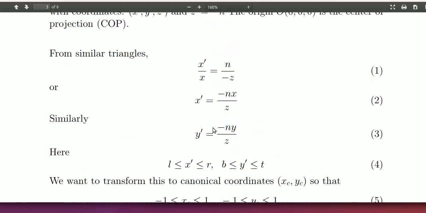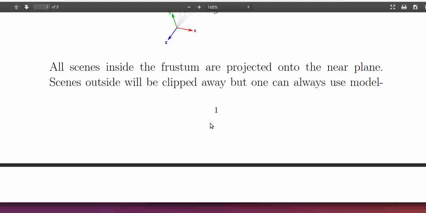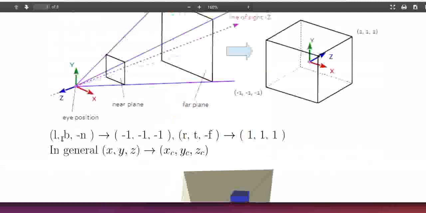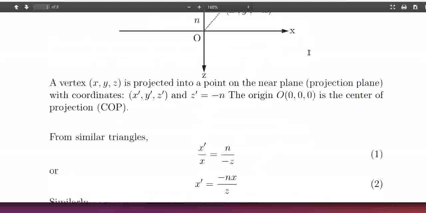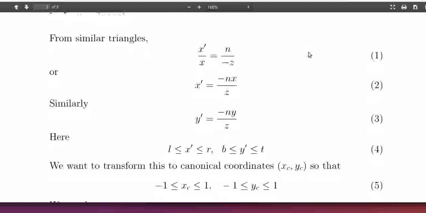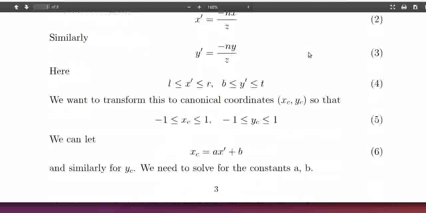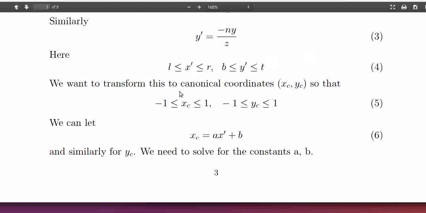Now we discussed that L, B, negative n will be mapped to negative 1, negative 1, negative 1, and R, T, negative F will be mapped to 1, 1, 1. By using these conditions, we can solve for x dash, y dash. We want to transform this to canonical coordinates xc, yc, so that xc is within negative 1 and 1, and yc is within negative 1 and 1.